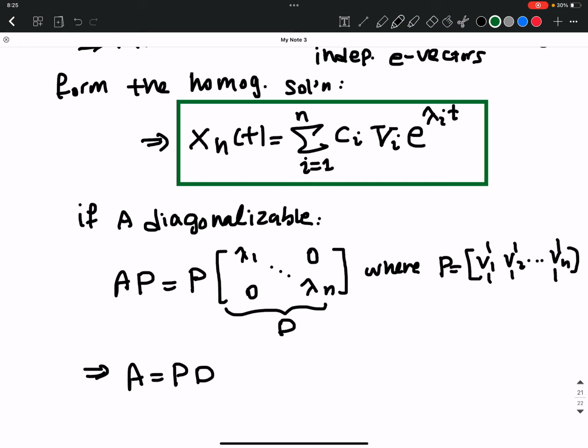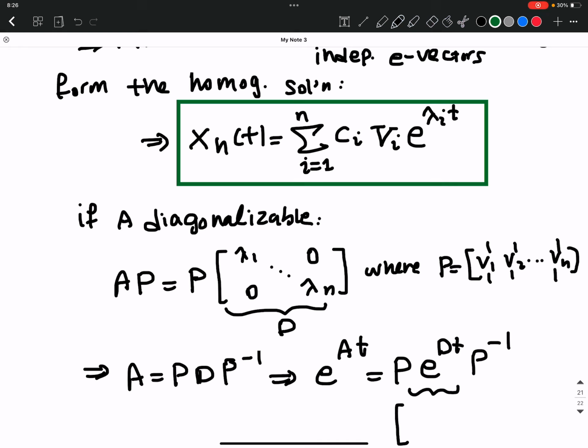If I multiply it by P to the minus 1, then I get A times I, which is P times D times P to the minus 1. Now if I take the exponential of this, I will get e to the At equals P e to the Dt P to the minus 1, where e to the Dt is basically the same diagonal matrix, but with all the exponential terms, e to the lambda_n t.